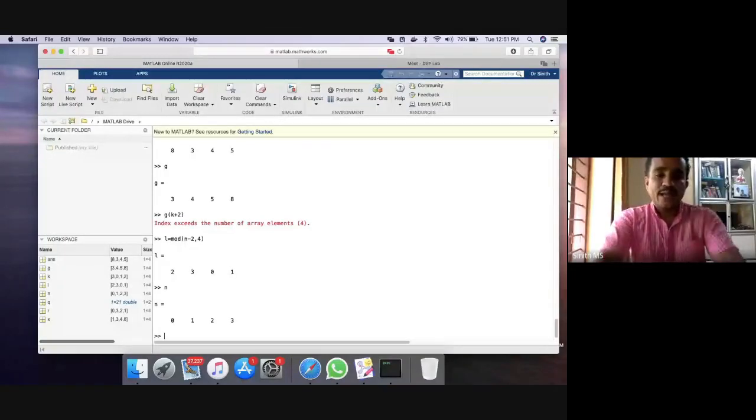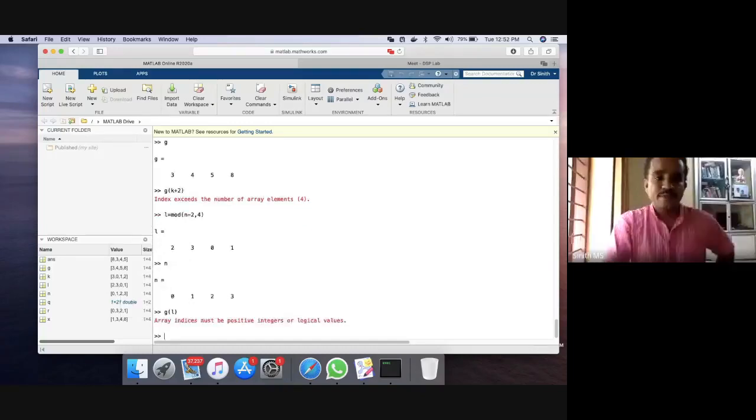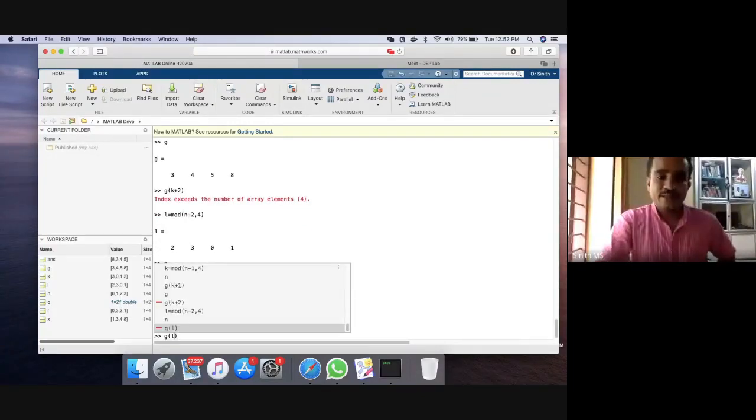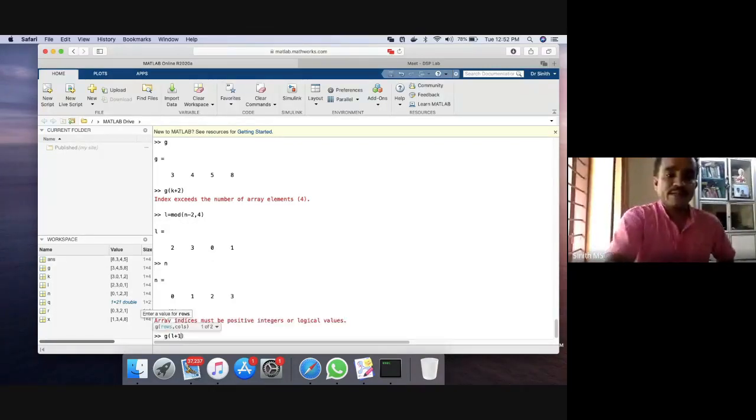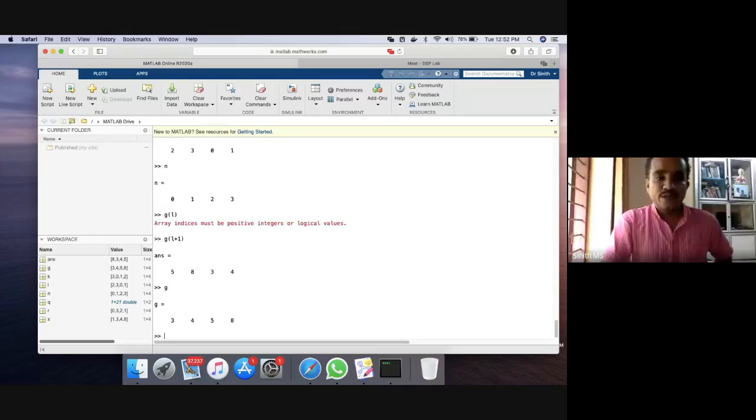So now if you take G of L, sorry, G of L plus 1, because if the index 0 comes, MATLAB will consider it as an error. So G of L plus 1 is the 2 shifted version of your G. G is 3458.